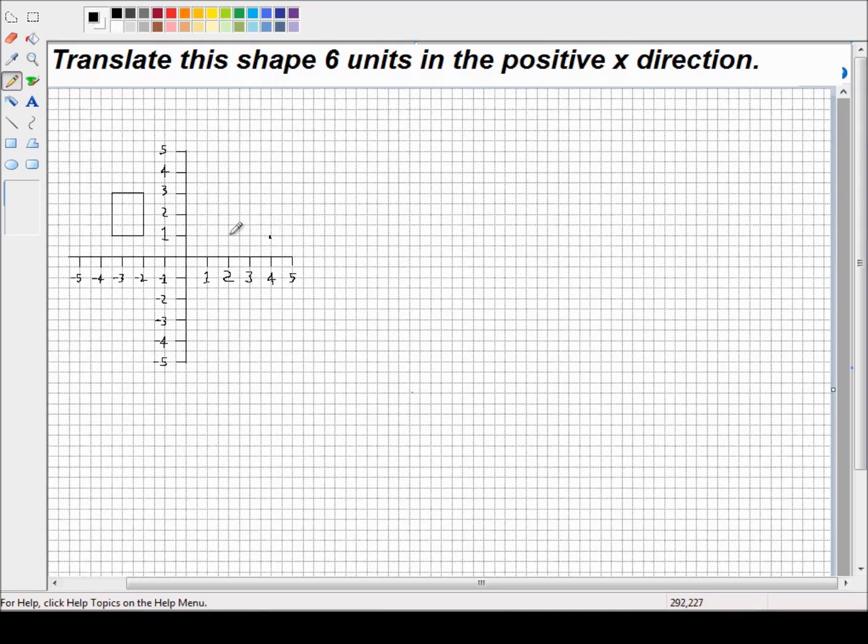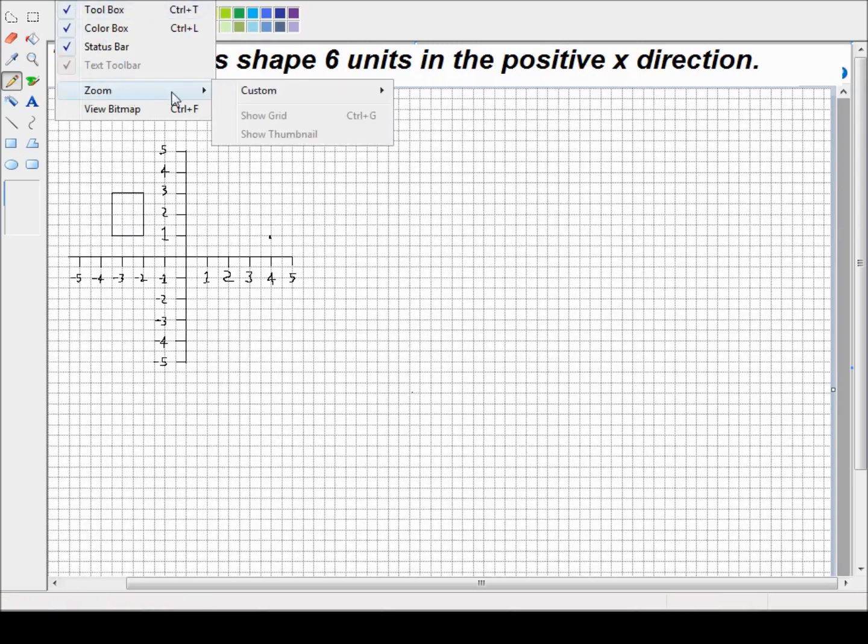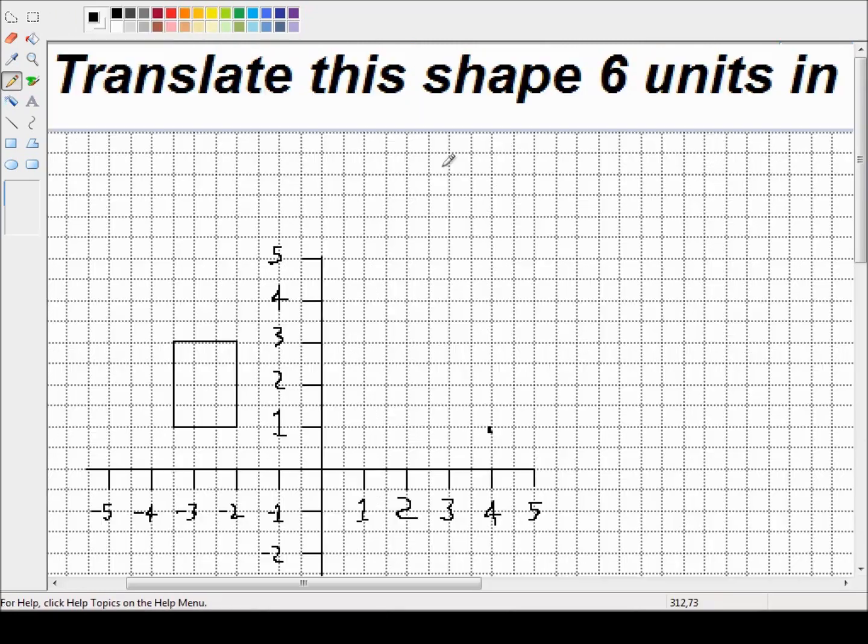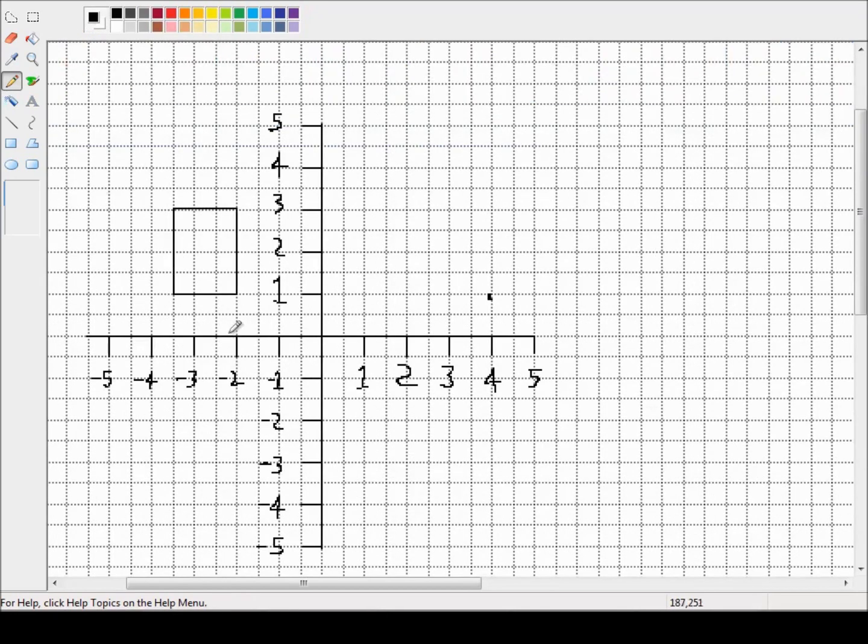Okay, so the bottom left, that looks like -3.5 to me. In fact, I'm not going to strain my eyes anymore, I'm actually going to zoom in. Oh, that's nicer. Right, yes, that is -3.5.